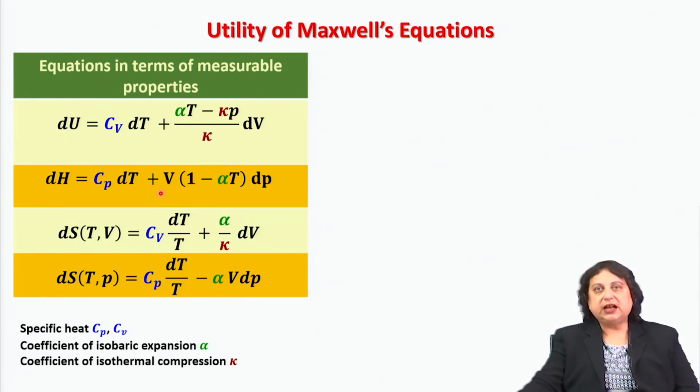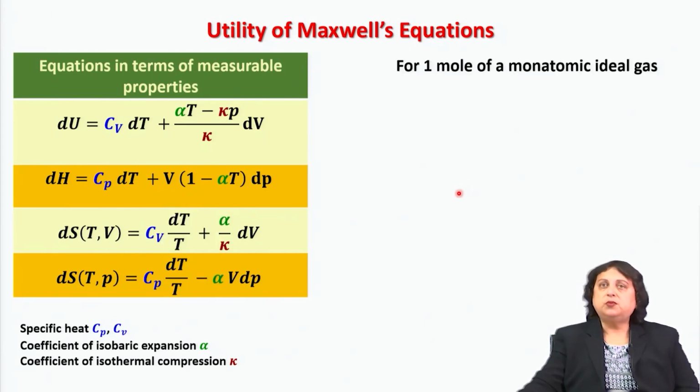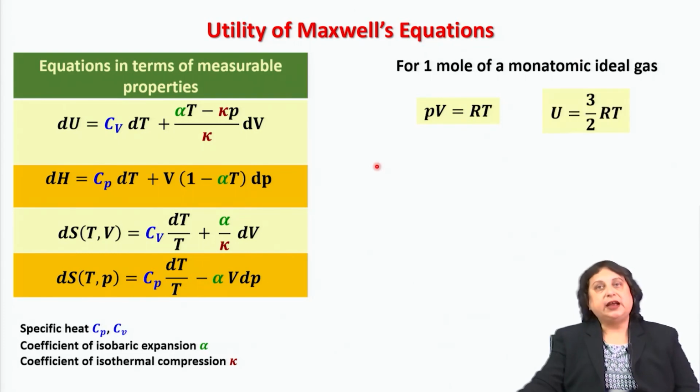And we have also discussed what happens if I work with 1 mole of a monatomic ideal gas, for which we know that the ideal gas equation tells me that the pressure into volume is equal to RT, and from the kinetic theory of gases we know that the internal energy is given by 3/2 RT.